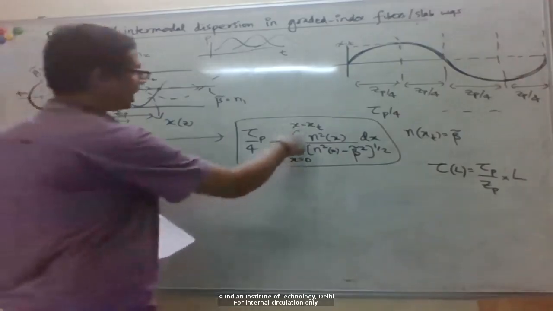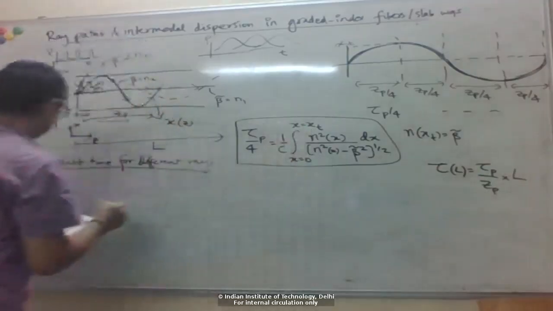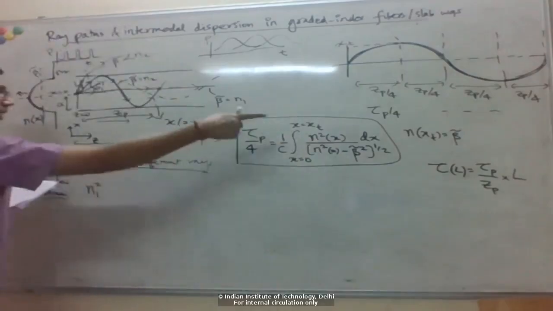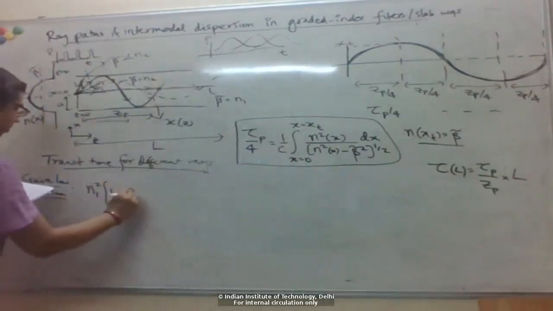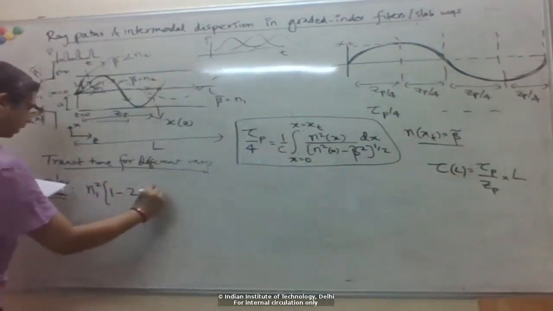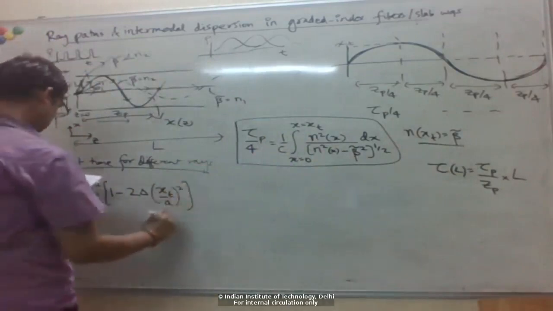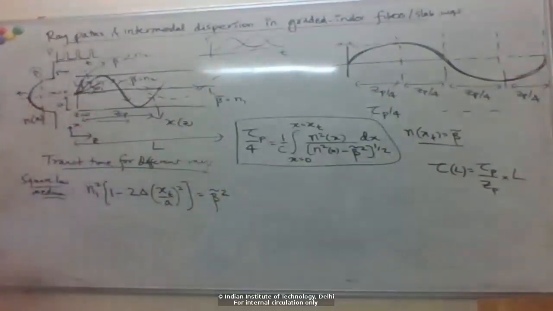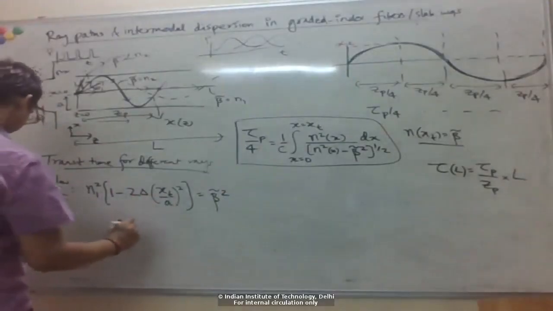Right, so to evaluate this integral, the first thing to calculate is the turning point. To calculate the turning point, we use this relation. For the square law medium, we put x equal to xt here and set it equal to beta there, right? So from here we get xt, the turning point for a given beta.